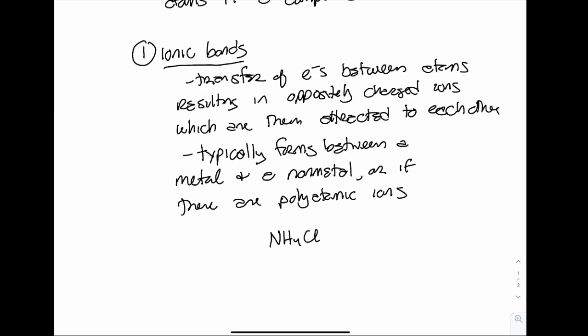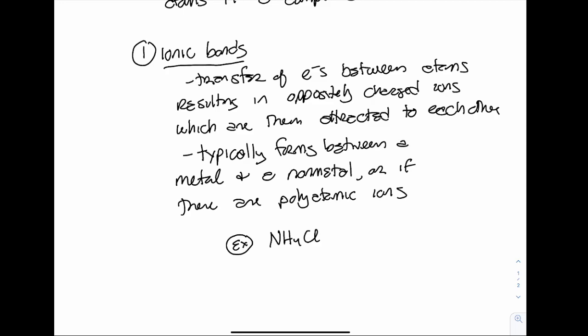NH4 with a positive charge is ammonium. It is a polyatomic ion that you are going to be expected to learn in this chapter. You probably have encountered it before, you just haven't had to memorize it until now. But nitrogen's a nonmetal, hydrogen's a nonmetal, and then chlorine is also a nonmetal. So this would be an example of something where I have an ionic bond, but I don't have a metal.